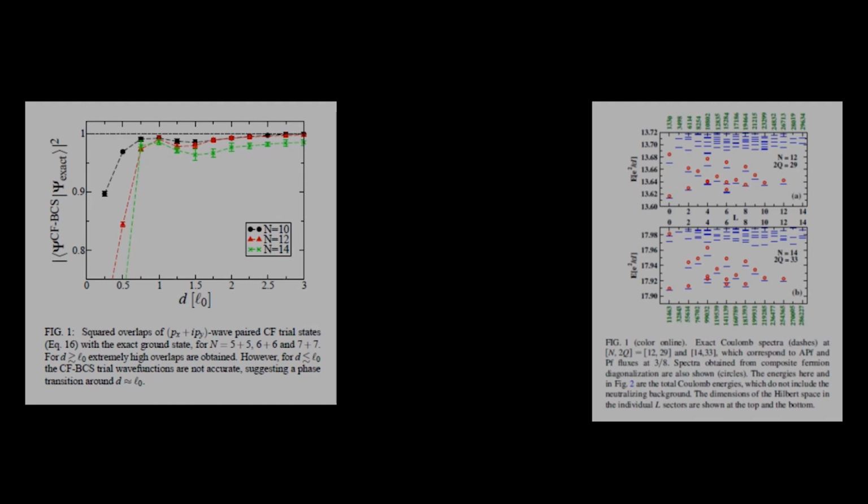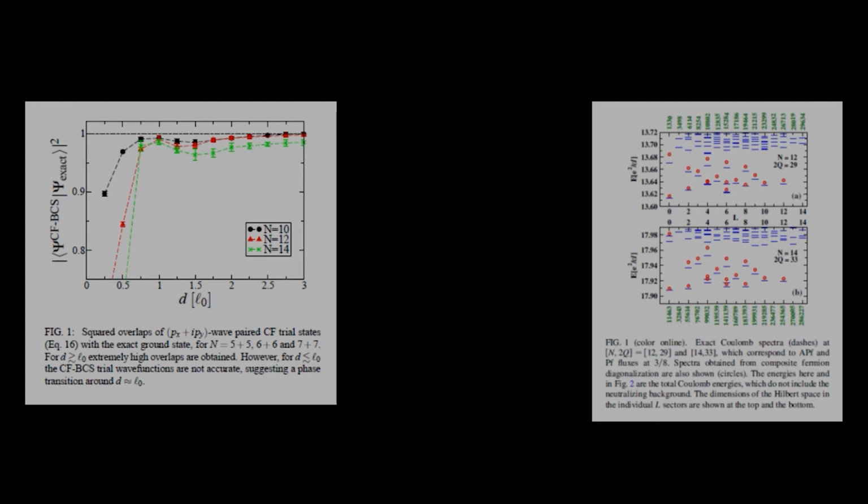As we see here, for large distances, this overlap is very, very close to 1. So the trial wave function is a very good guess to the exact one. For small distances, the overlap is not close to 1, and apparently there is some phase transition between large distances between the layers and small distances, which we see here in the numerical calculation.